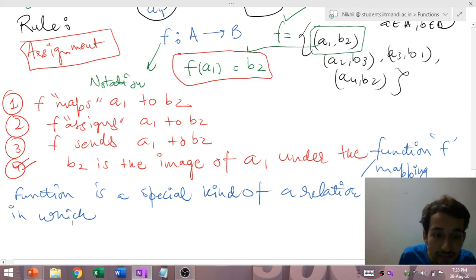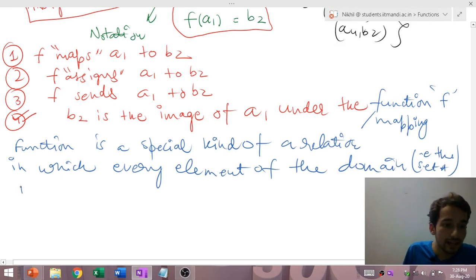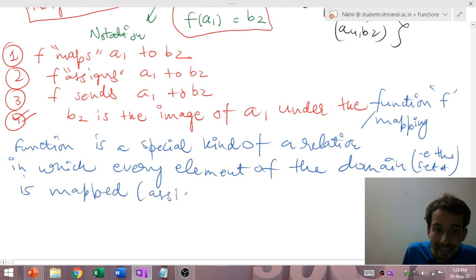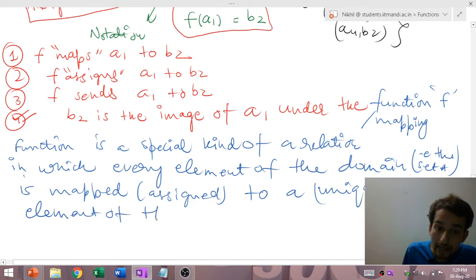In which every element of the domain, that is the set A in our case, I'm just writing so that you get clarity, every element of the domain is mapped or assigned to a unique, or rather a single element of the codomain.